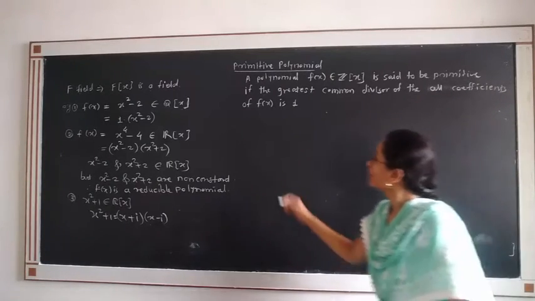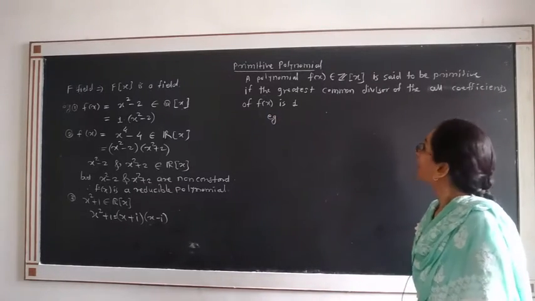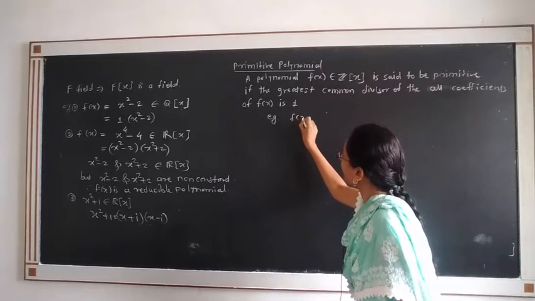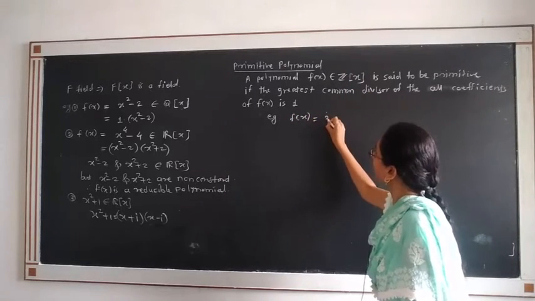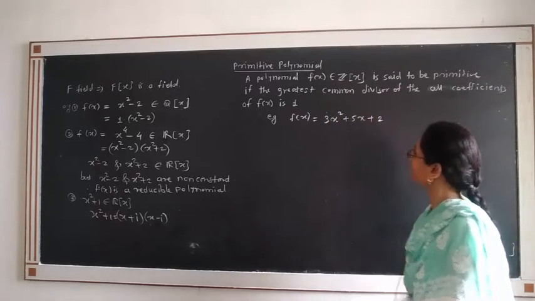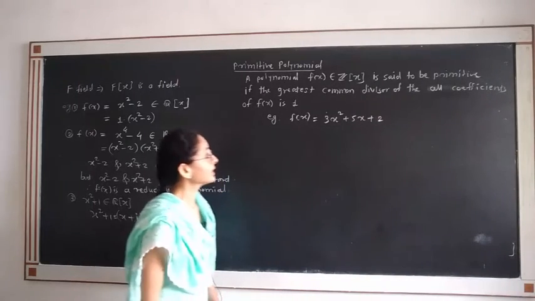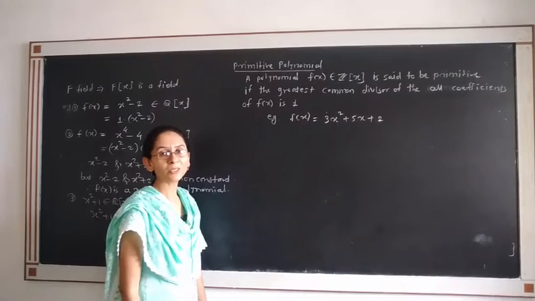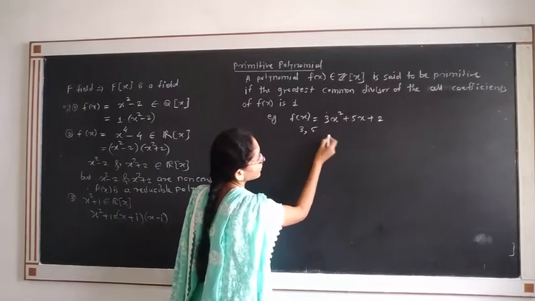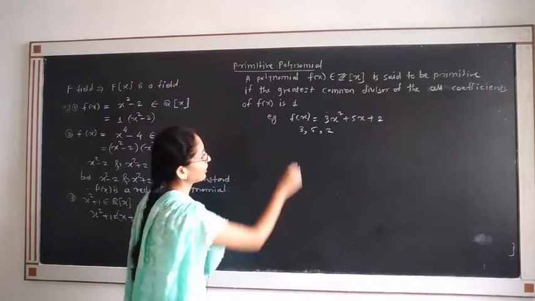For example, choose a polynomial from the ring Z[x]. Suppose f(x) is equal to 3x square plus 5x plus 2. This is a polynomial from the ring of integers. Now see, which are the coefficients of this polynomial? 3, another coefficient is 5, and next is 2. These are all the coefficients of polynomial f(x).